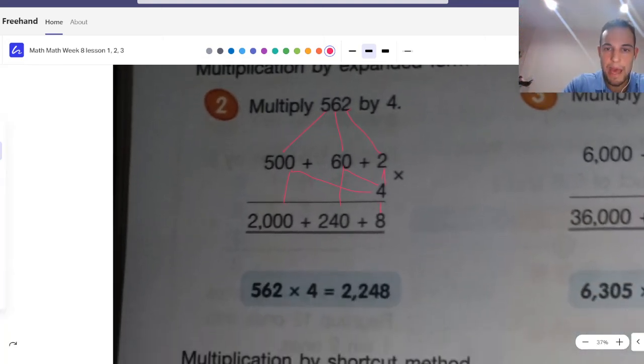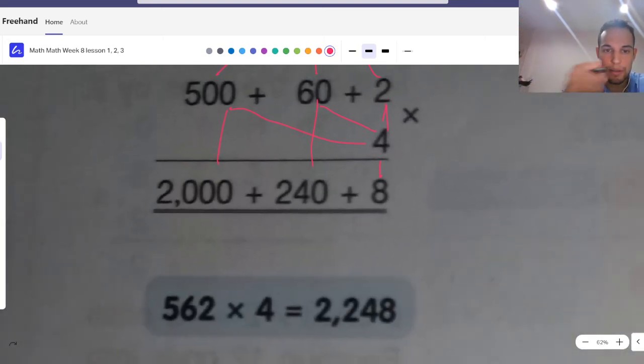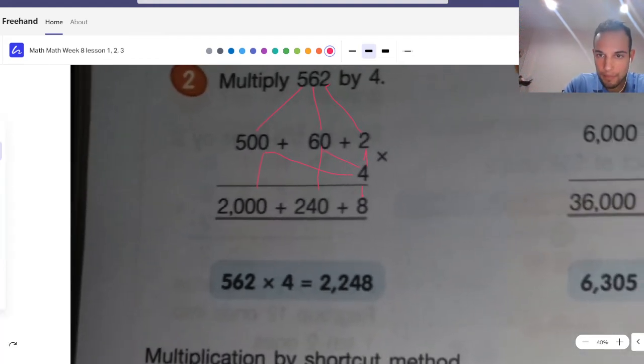So then we have to add it up. So let's split it up to make it easy. 240 plus 8 is 248. Easy, right? Now let's add the 2,000.